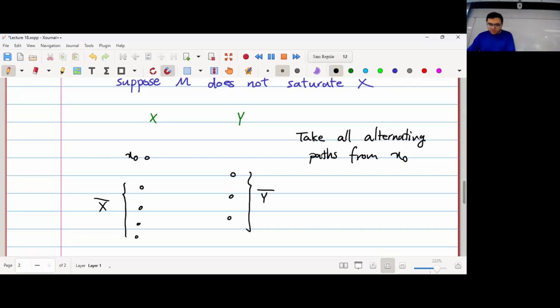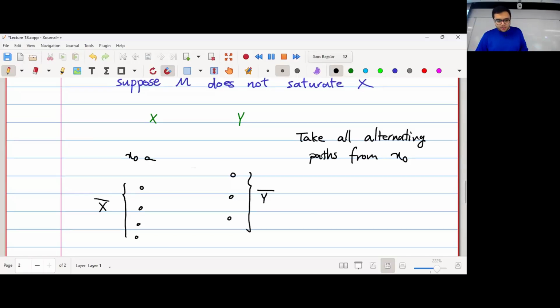So y bar is again the set of all vertices in Y that are reachable from x0 by an alternating path. But how do these alternating paths look? Basically, x0 is not matched to anything, so the path has to start with an edge that is not in the matching. And then I have to take an edge that is in the matching.